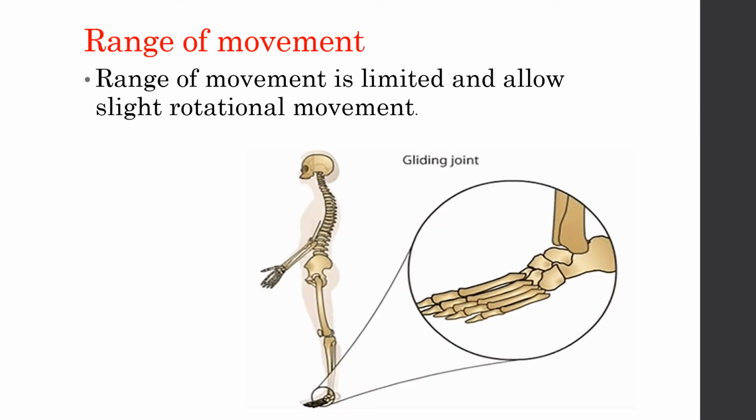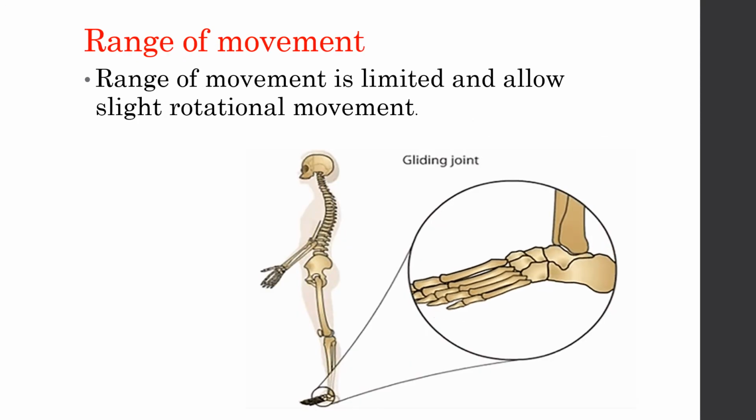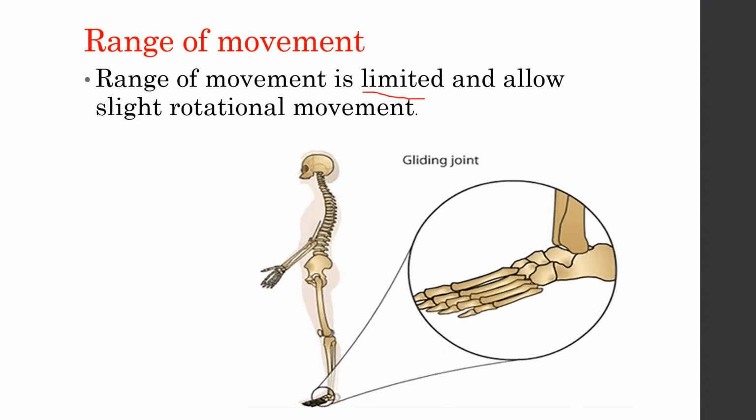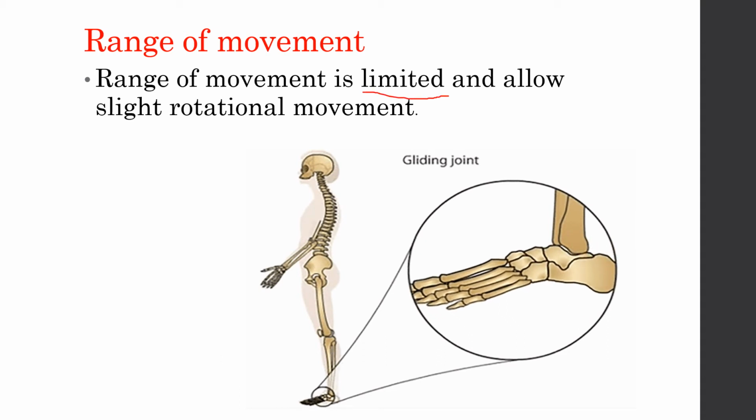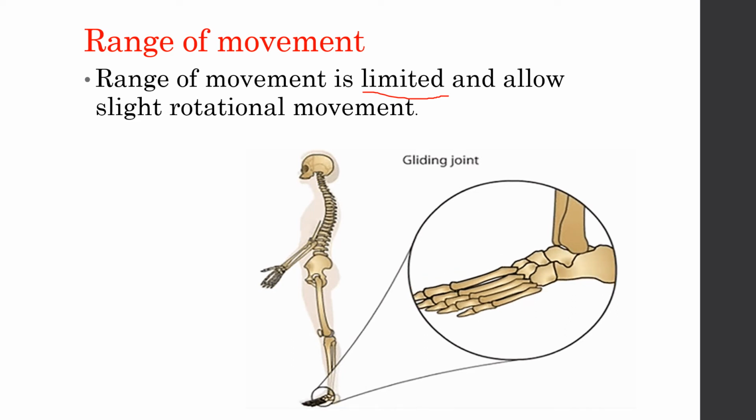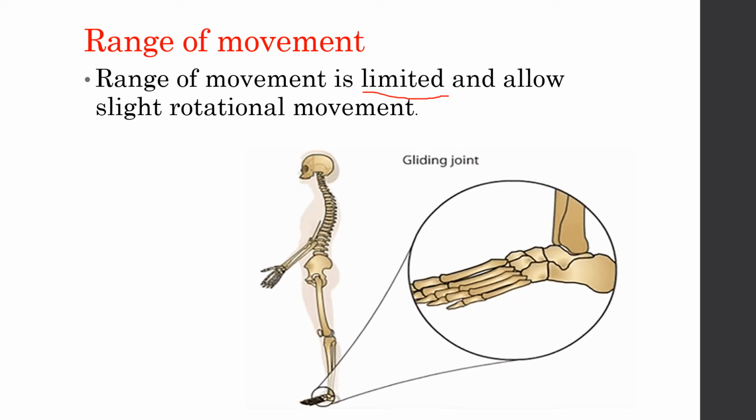If you look at the range of movement of the gliding joint, how much movement gliding or planar joints are giving, they give only a limited amount of movement, and you cannot rotate the portion that consists of a gliding or planar joint.